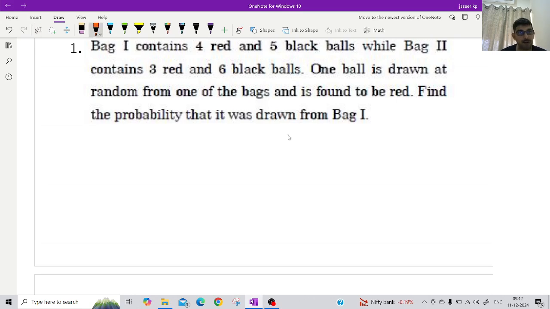So the event which has already occurred, that is we got a red ball, that is taken as A. So we will be writing the events first. Let A be: red ball is drawn, because we have already drawn a red ball.